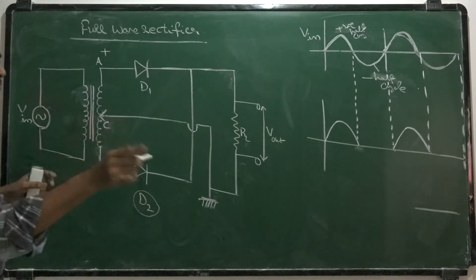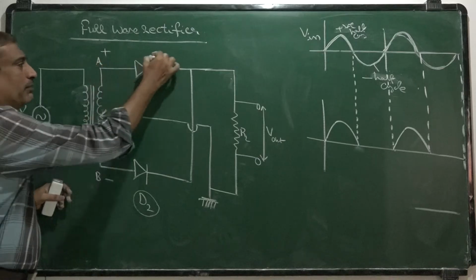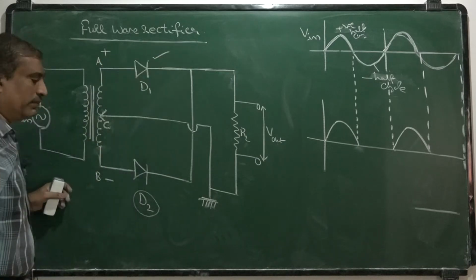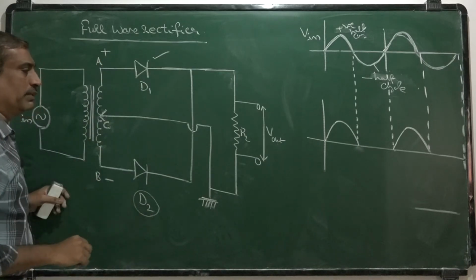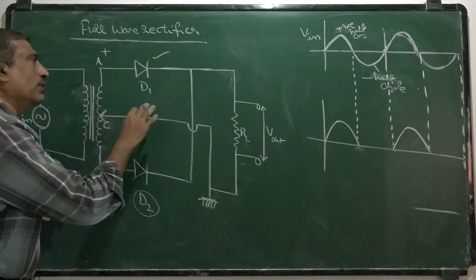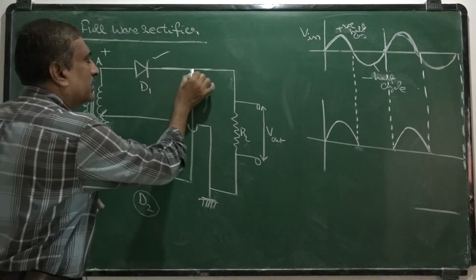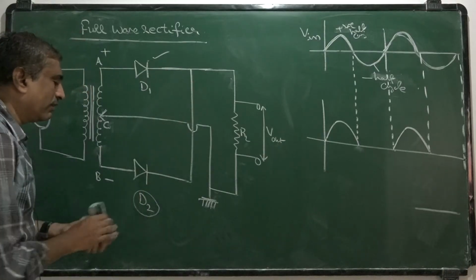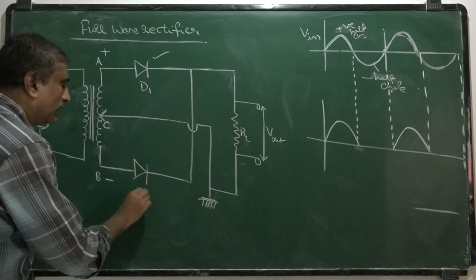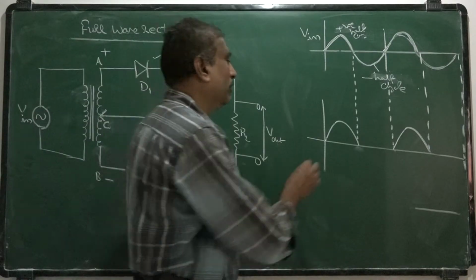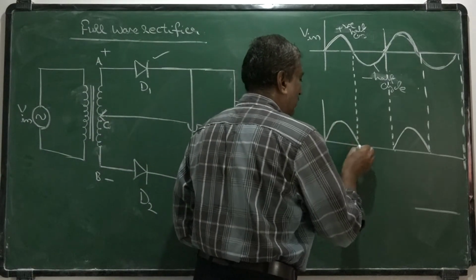During the positive half cycle, D1 is in forward bias and D2 is in reverse bias. So current flows through D1 and does not flow across D2, and we get a half cycle like this in the output.